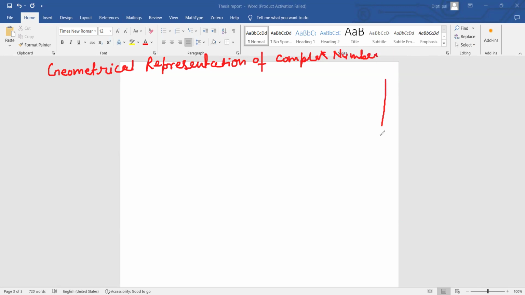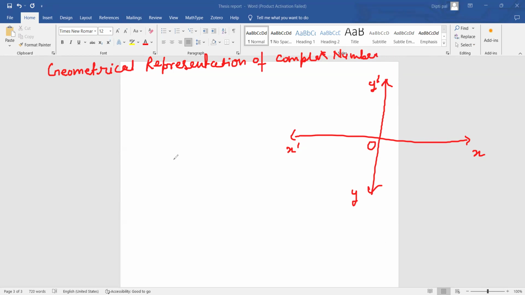So we have axes like that. This is X, X dash, this is the origin, this is Y dash.